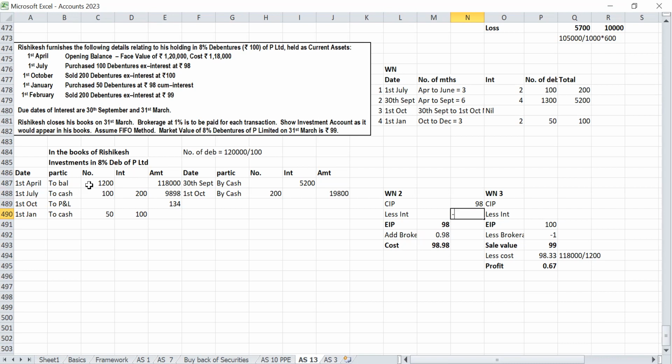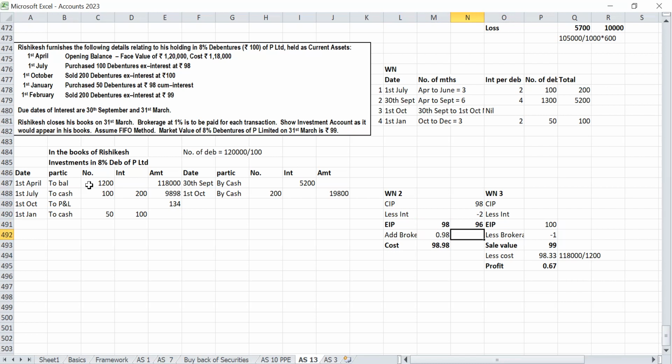Interest per debenture we have computed as 2. So ex-interest price is 96.